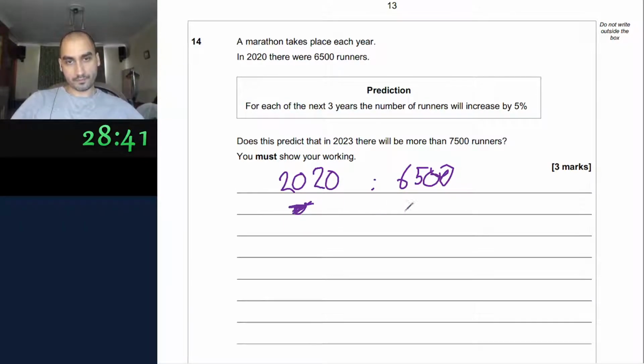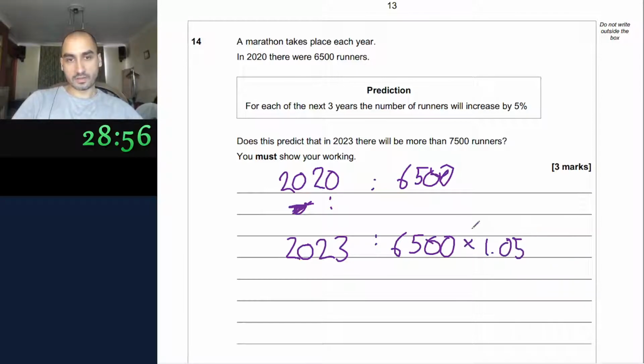We don't need to calculate each intermediate year, just say 2023 would be 6,500 times 1.05 to the power of 3. Right?